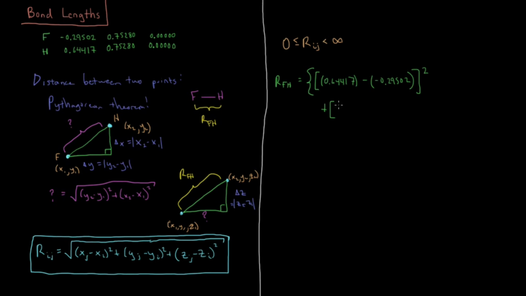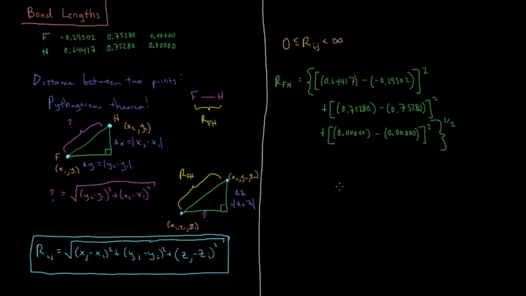So plus 0.75280 minus 0.75280, the first and second values being those and that respectively, squared, plus the final line, which is just 0.00000 minus 0.00000, squared, and close our brace and take the square root.